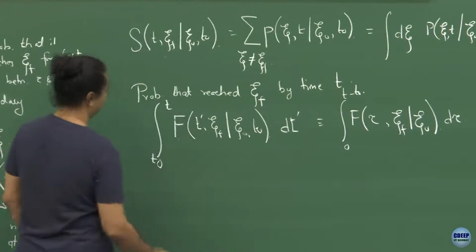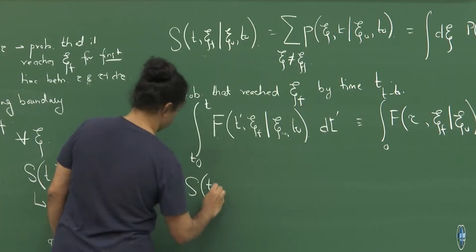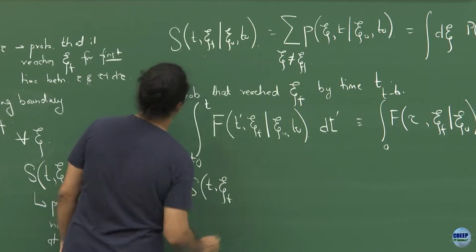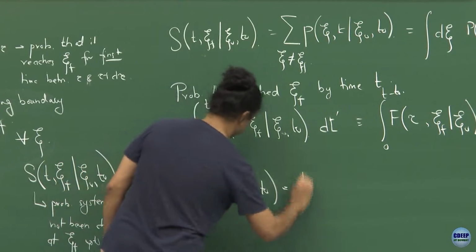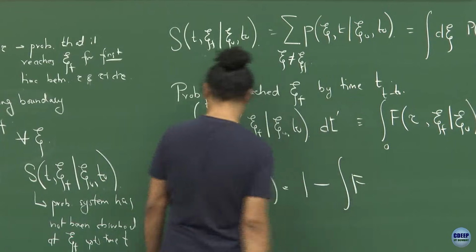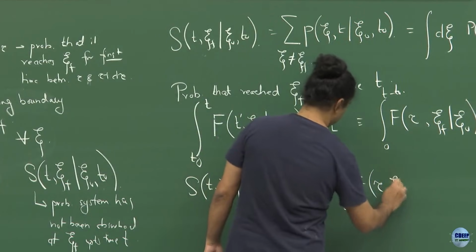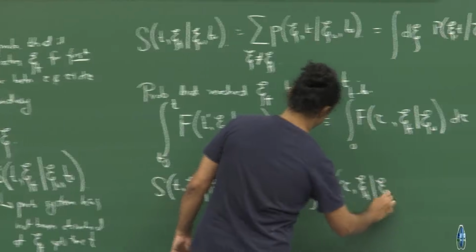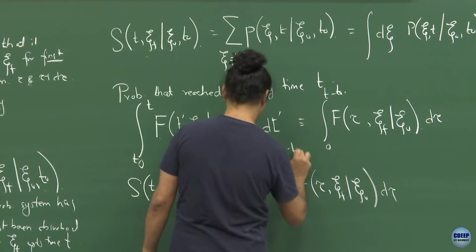So, then the survival S of t, xi f, xi naught, t naught is nothing but 1 minus this integral of f of tau, xi f, xi naught, d tau from 0 to t minus t naught.